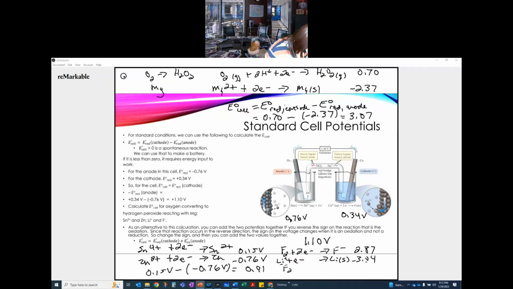F- goes to F2 plus 2e-. That's -2.87. And then the Li+ and an e- going to Li solid, and that's -3.04.